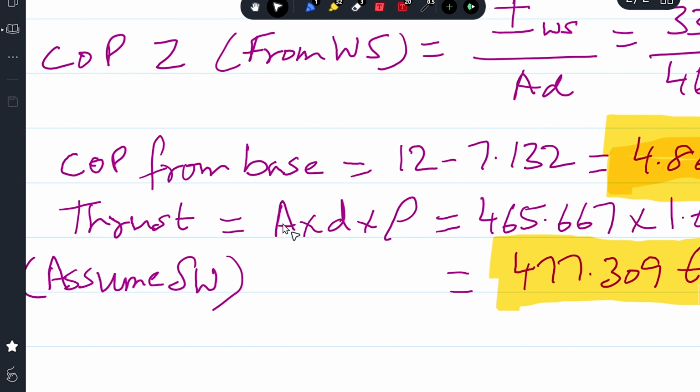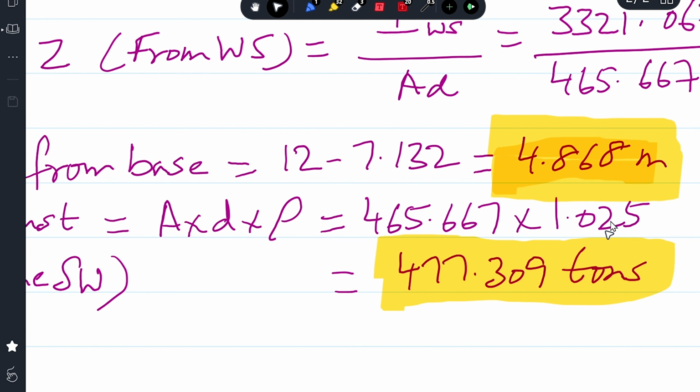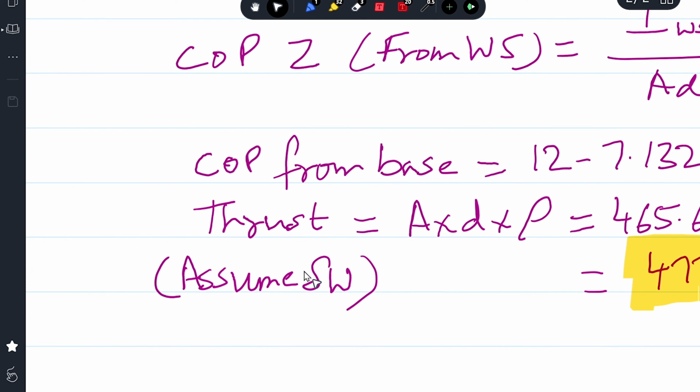So once again, total immersed area multiplied by the depth of the centroid from water surface, A into D, is moment of the area, which is 465.667, multiplied by 1.025, assuming salt water density. If any other density was announced, we can just change the density here and you will get the thrust. Total thrust is 477.309, assuming salt water.